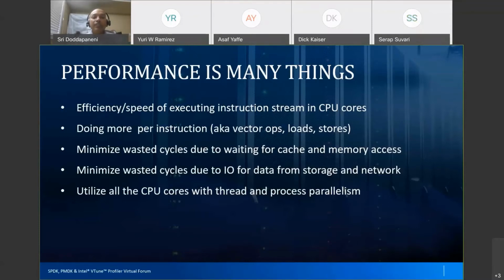And then minimizing wasted cycles, right? At the end of the day, the performance is: if you can't keep all of your processing units busy, then you have stalls. That may be because things don't get to the processing unit in time from caches or memory, but sometimes it's coming from the network or from the storage.